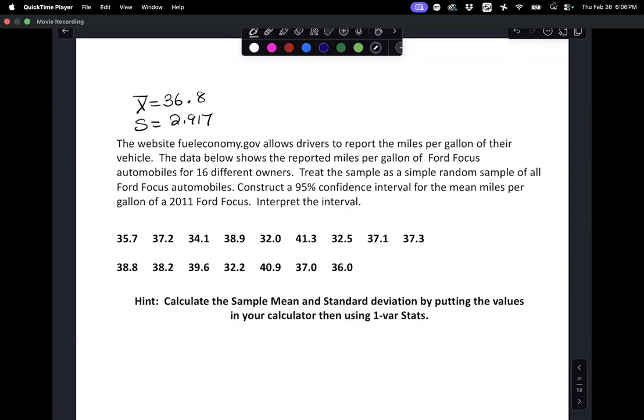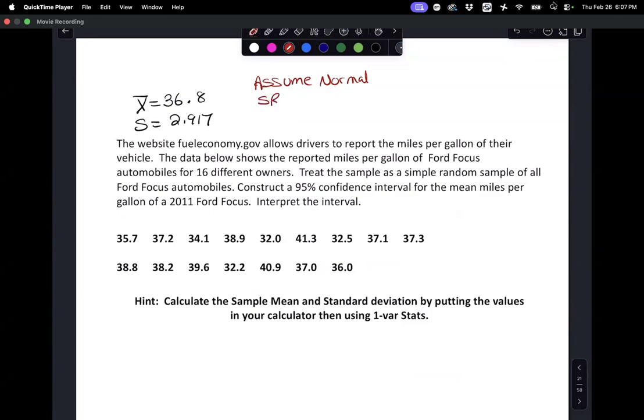That's good. We need that. This tells us it's a simple random sample. We are going to assume normal. Basically, we're assuming the population is normally distributed. I just don't want to write all of those words. It tells us it's a simple random sample.